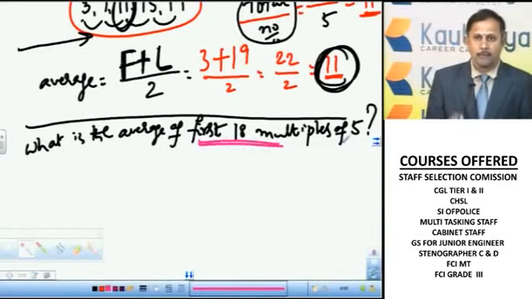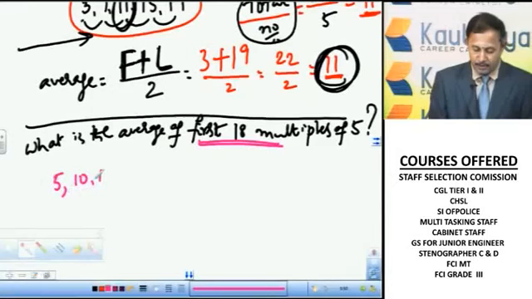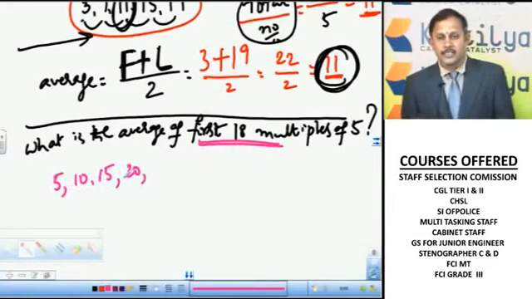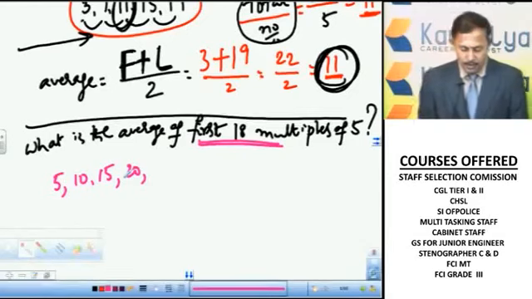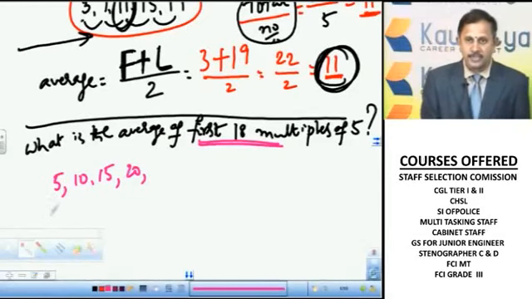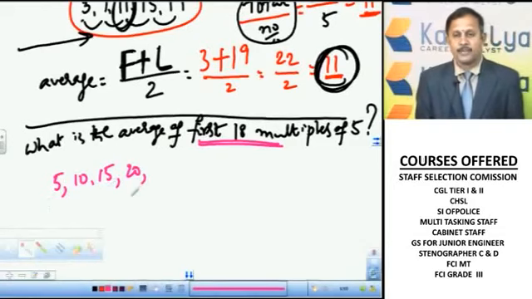You all know multiples of 5, that is 5 into 1, 5 into 2, 5 into 3, 5 into 4. So like that we are interested in 18 elements. These 18 elements must be the multiples of 5. So therefore the first element is 5, the second element is 10, the third element is 15, and the fourth element is 20.